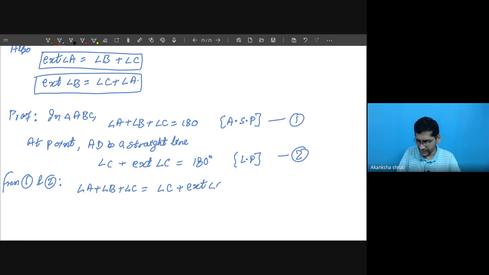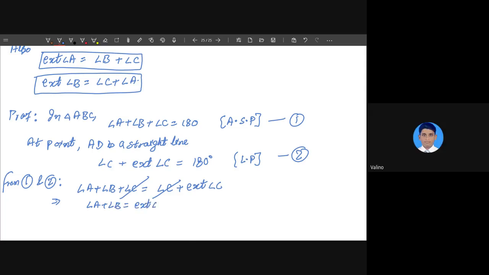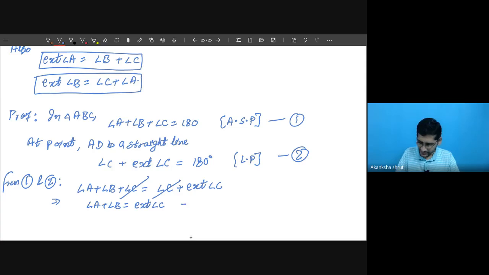Now observe this. Here angle C and angle C get cancelled. It means angle A plus angle B is equal to exterior angle C. Very good. So this way we have proved that exterior angle C is equal to angle A plus angle B.